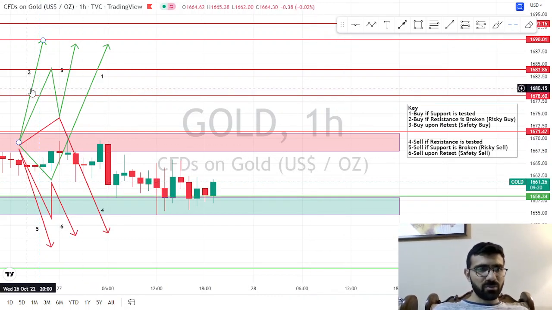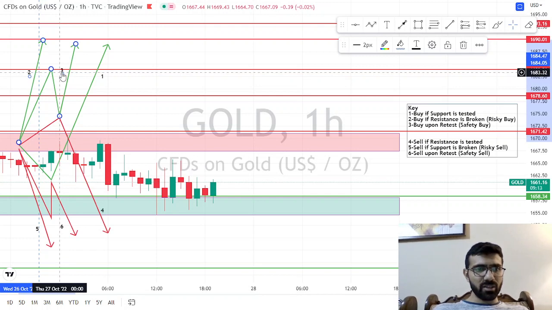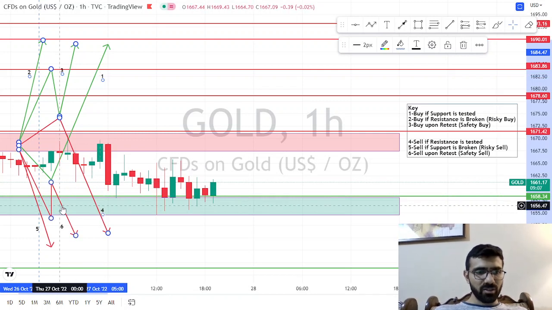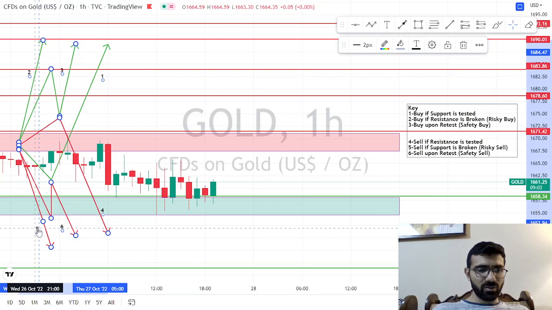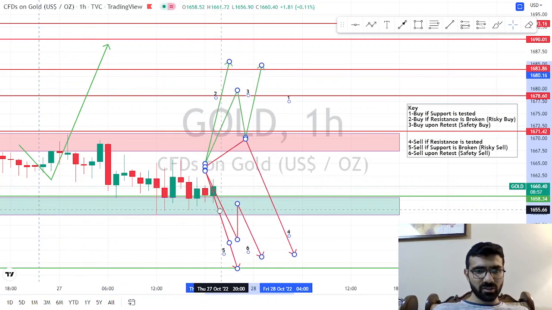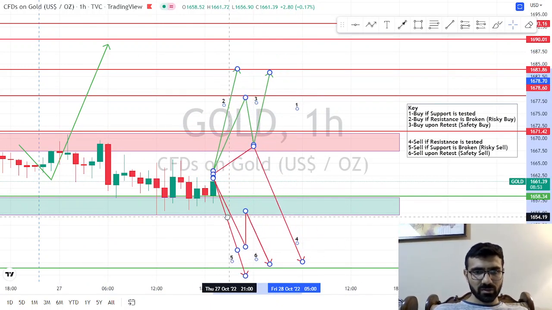Okay, so now let me move the critical scenarios over here so you can have a better idea of how to trade according to the key given on the right-hand side of the screen. And if you want to know anything further, you are more than welcome to let me know in the comment section.